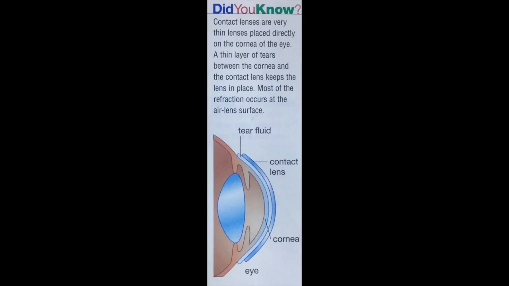Most of the refraction occurs at the air-lens surface. And there you have the contact lens covering the cornea, and a tear fluid system between the contact lens and the cornea provides stability.